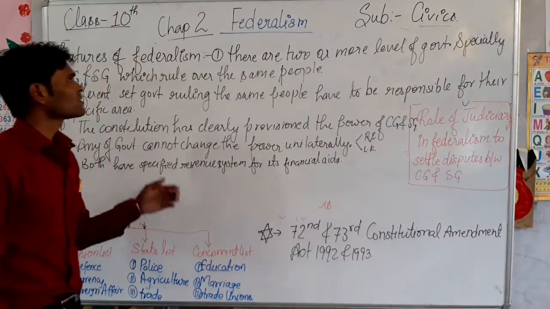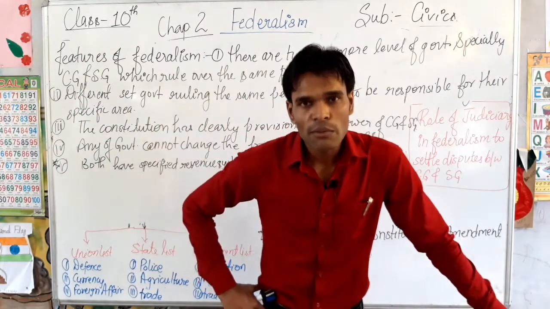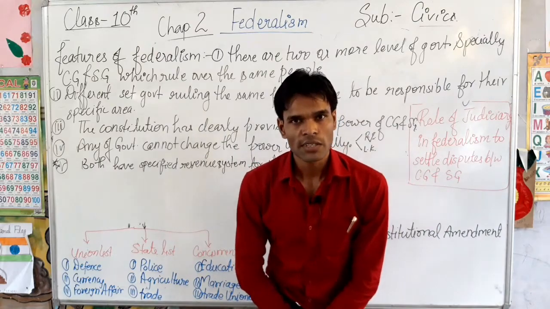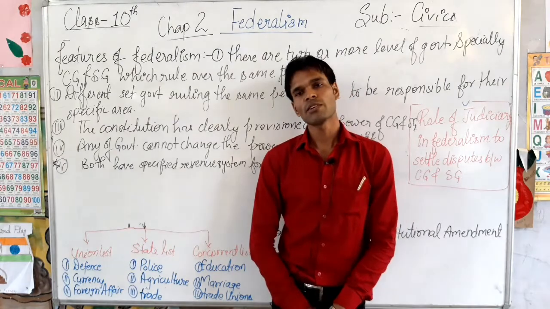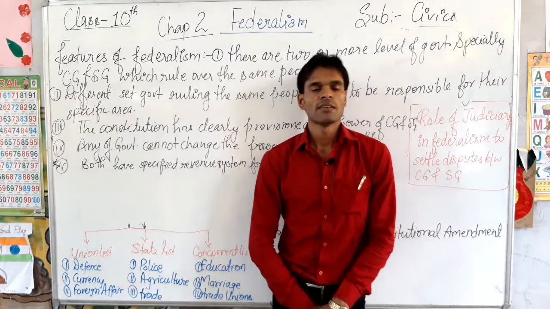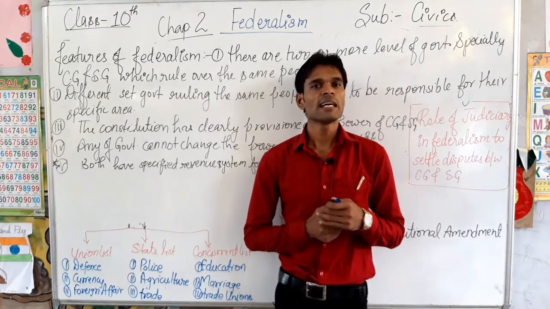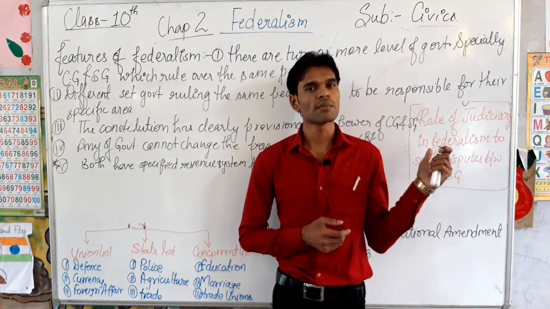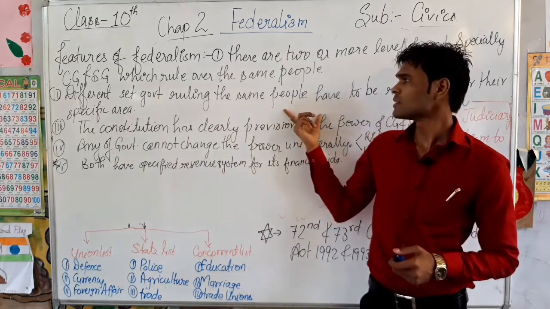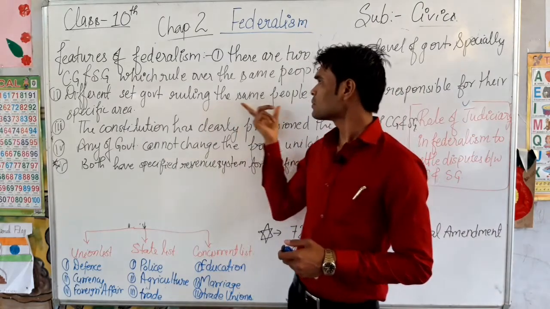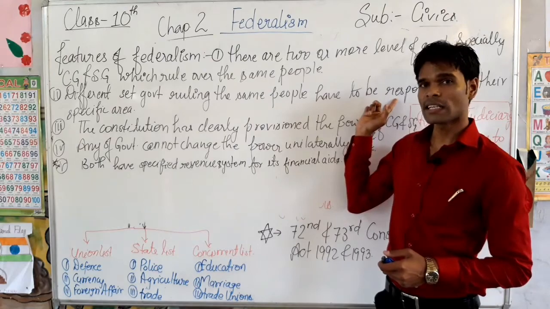So the first feature of federalism says that in federalism two or more levels of government exist. They rule over the same people. The second point says that the different sets of government ruling the same people have to be responsible in their specific areas.